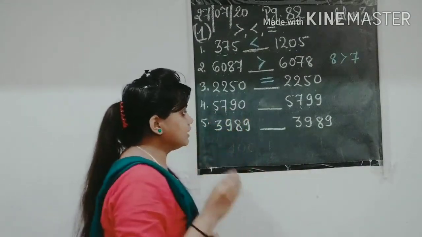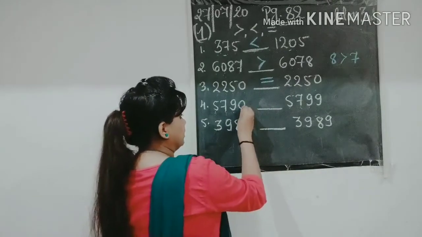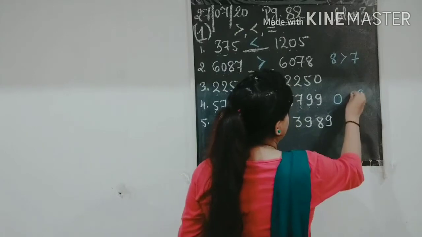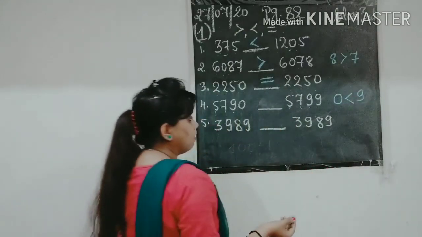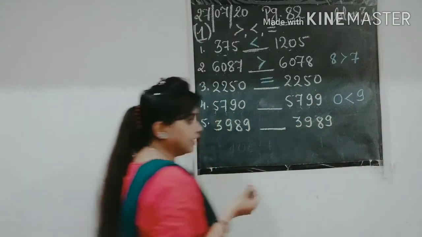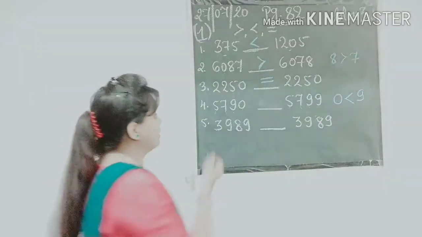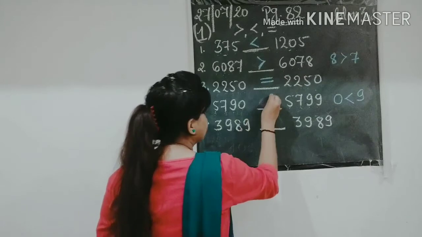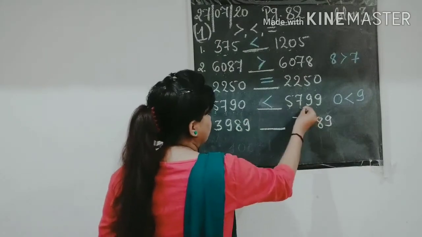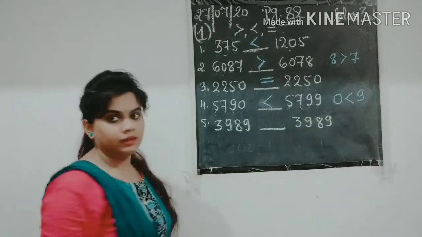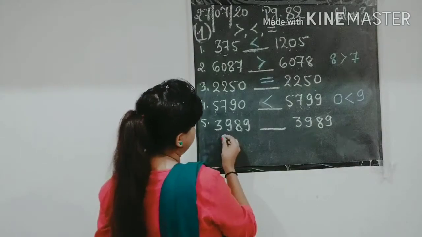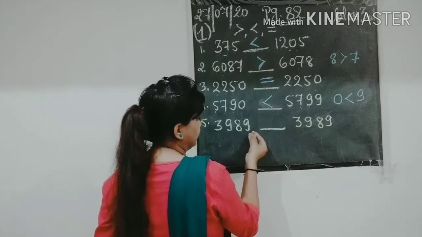Now see the ones place: 0 and 9. Here the difference is there. 9 is greater than 0, or 0 is less than 9. So we will put the less than sign here. 5790 is less than 5799. Understood?